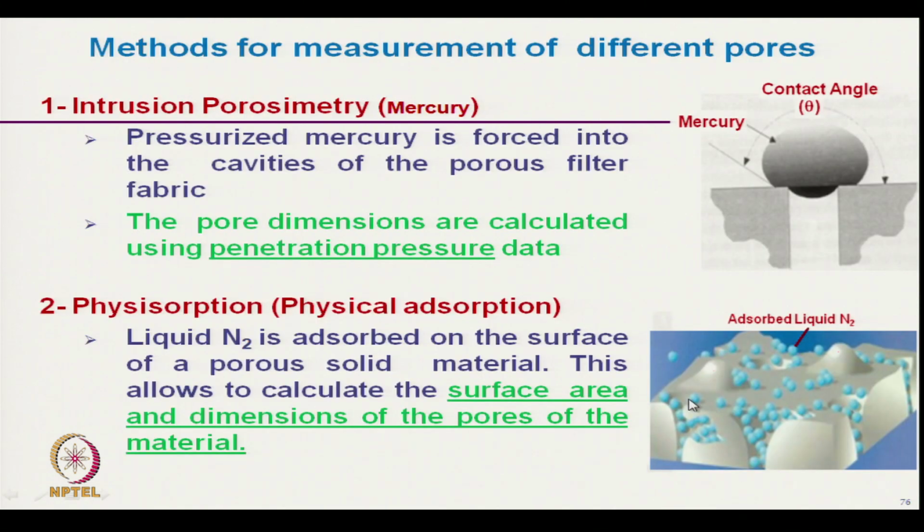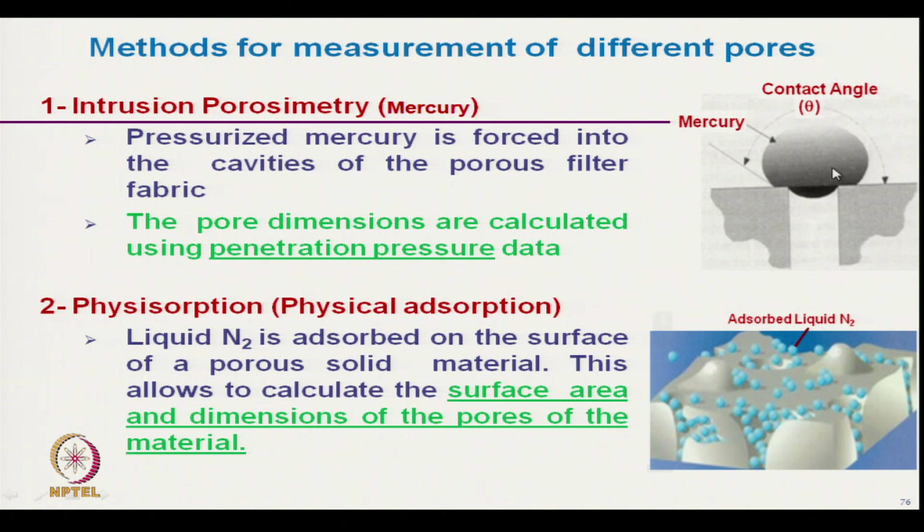The techniques are, one is intrusion porosimetry, where mercury is used. Here mercury at high pressure is forced into the cavity of the porous filter fabric.